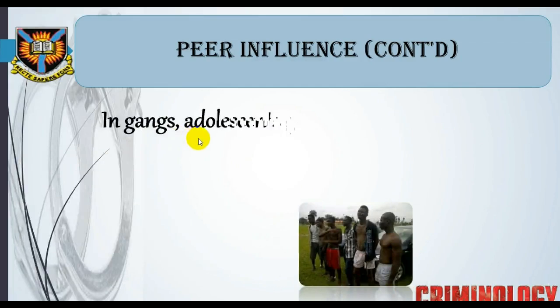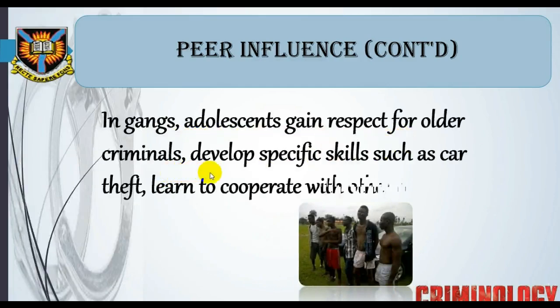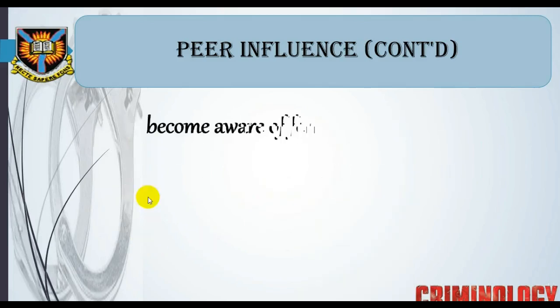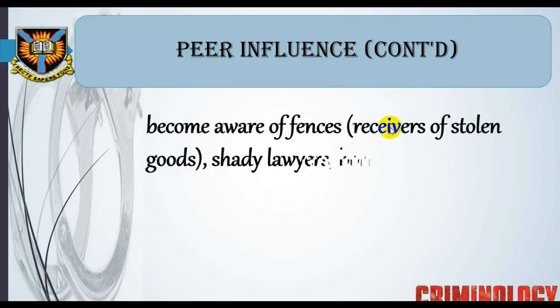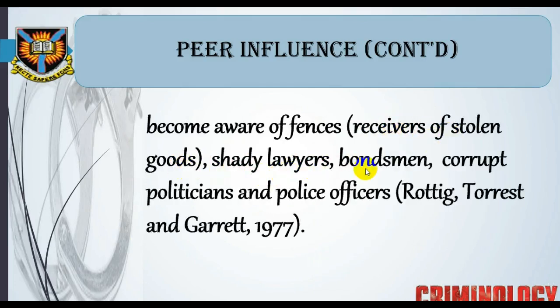In gangs, adolescents gain respect for older criminals, develop specific skills such as car theft, learn to cooperate with other offenders, and become aware of fences, receivers of stolen goods, shady lawyers, bondsmen, corrupt politicians, and police officers. Rottman, Torres, and Garrett, 1977.